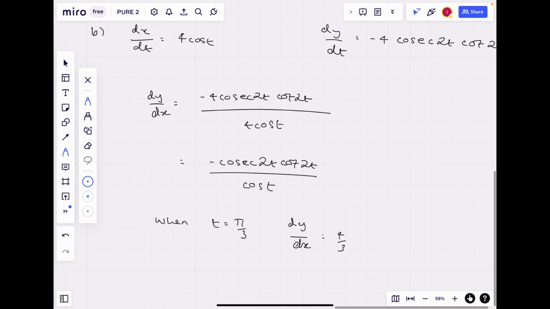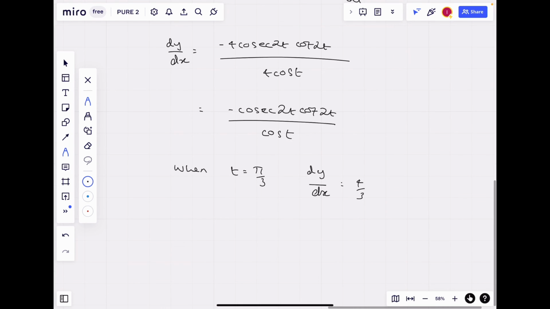So cosec is 1 over sine, cot is 1 over tan. You would just plug in 1 over sine pi over 3, or 1 over tan pi over 3. Or in this case, because it's 2, you would times it by 2, so 2 pi over 3. Okay, that's your gradient at pi over 3.